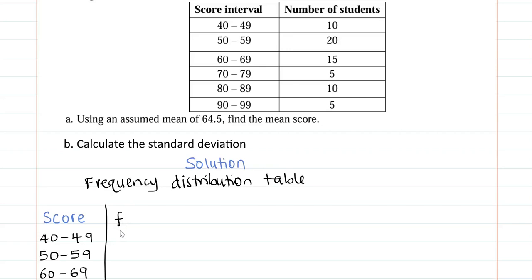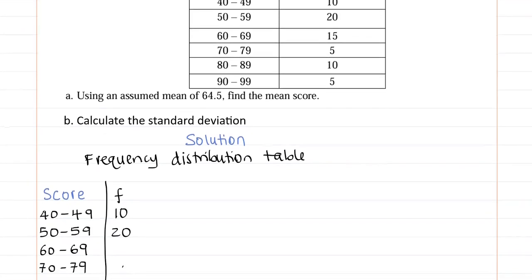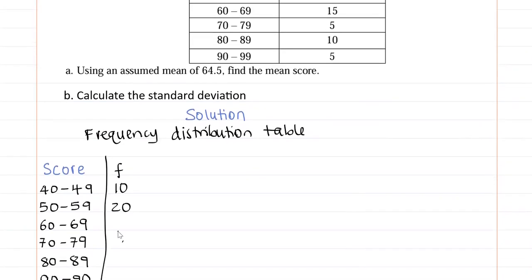So under frequency, which is the number of students, in the interval 40 to 49, we have 10 students. You write it there. In the second interval, 50 to 59, we have 20 students. In the third interval, we have 15 students.